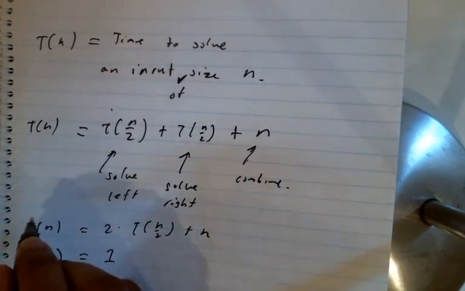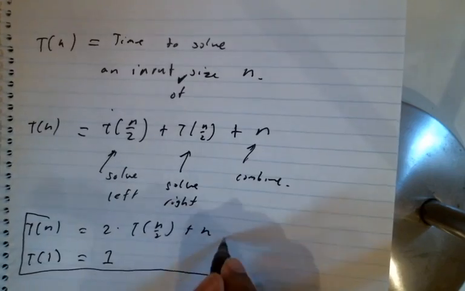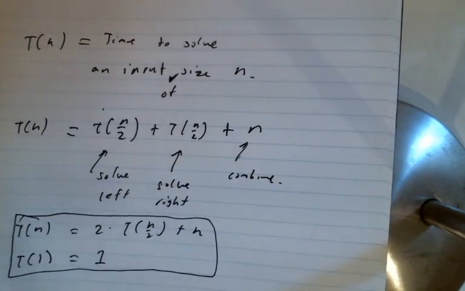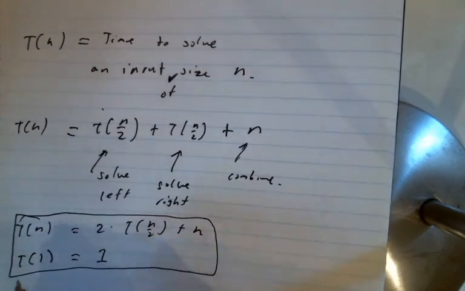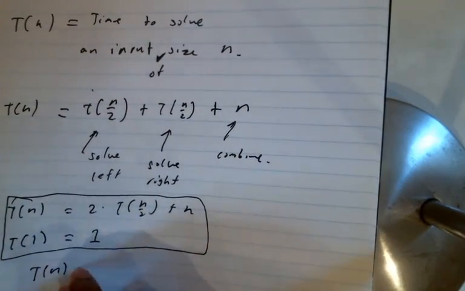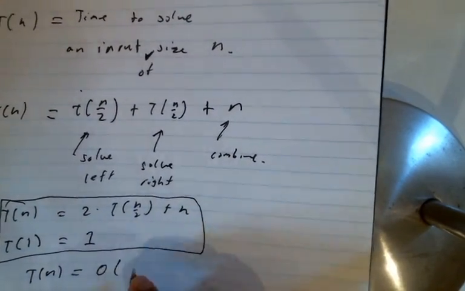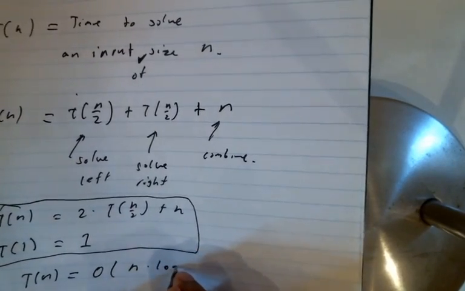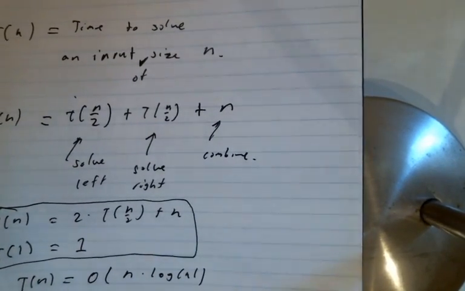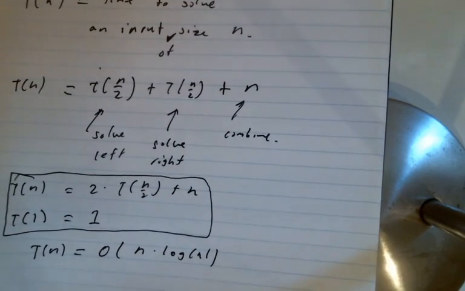So this is just basically a recursive equation, and if you can solve this, you know the running time T of n in explicit form. And the solution is T of n is approximately order of n log n, which shouldn't be too much of a surprise, right? We know that it's higher than n, because just the combining step takes O of n time.